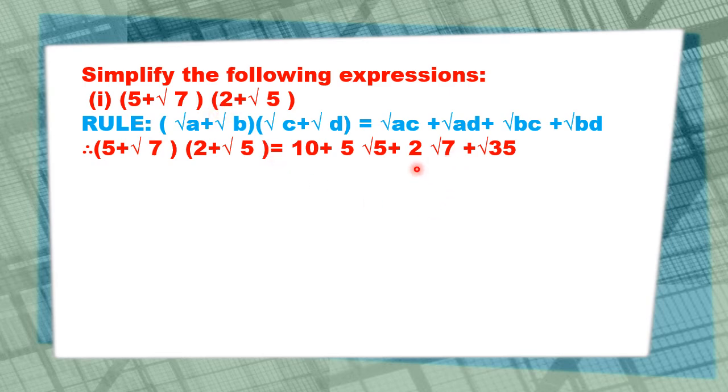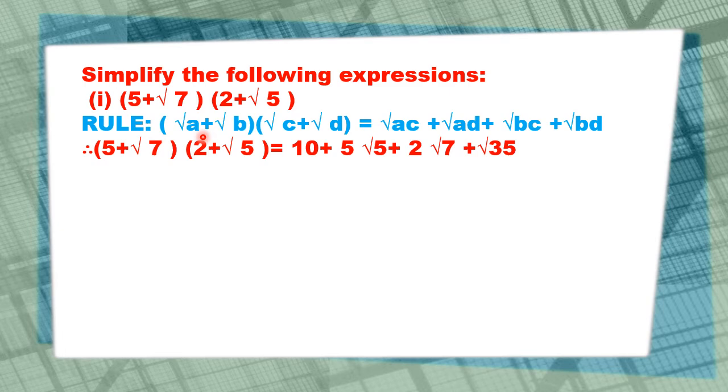Here I want to explain that you cannot write root 7 in the front and 2 in the back. You have to put 2 before root 7. This is how to express the number, 2 root 7. So be careful about it. Be systematic in your writing.